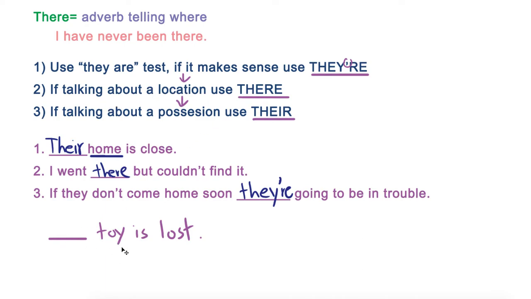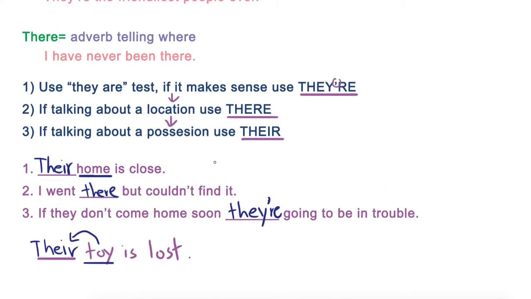No, it's not talking about a place. Is it talking about a possession? Blank toy is lost. Yeah. I see toy, so I would use this form of their. Since the toy is owned by them, I would say their toy is lost.